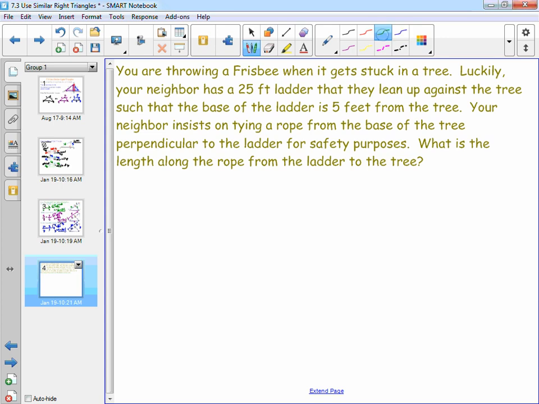So we are going to draw, there's our fancy tree, and we are going to draw a ladder. And we know the ladder is 25 feet long. And we know along the ground here that this distance is 5 feet.